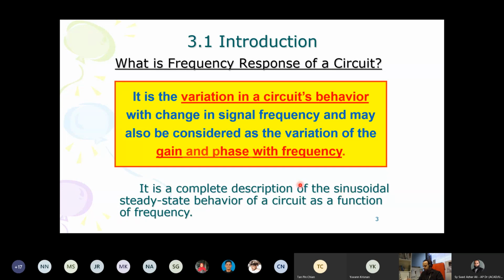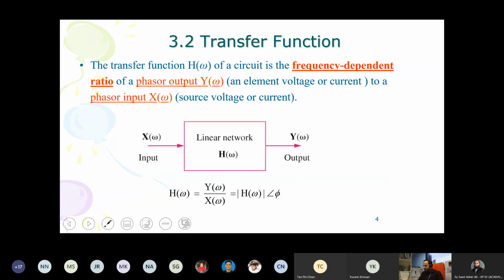So we move to the next slide. What is the transfer function? You have discussed this before. I think it's already very clear, but the transfer function of a circuit is the frequency dependent ratio, in the frequency domain, of a phasor output Y, an element of voltage or current, to a phasor input source voltage or current.